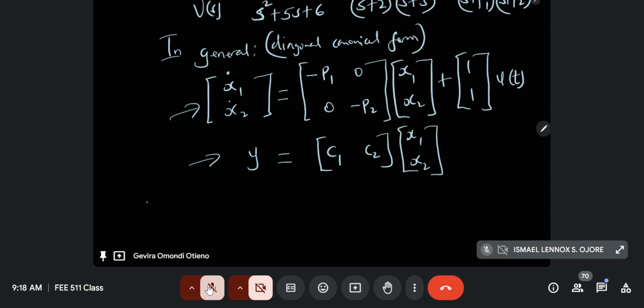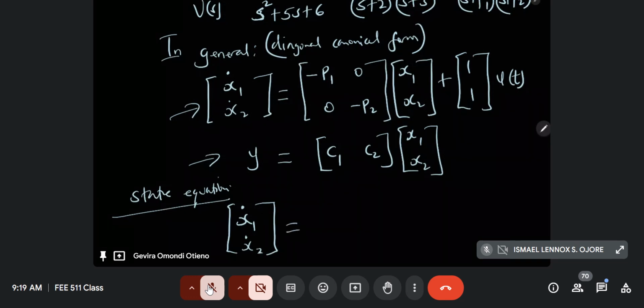In our case, the state equation is easy now, because once you factorize the denominator, the state equation would be x1, x2. Notice the left-hand side is always the same. That is why the state space representation doesn't change. It's the form or the format that changes.